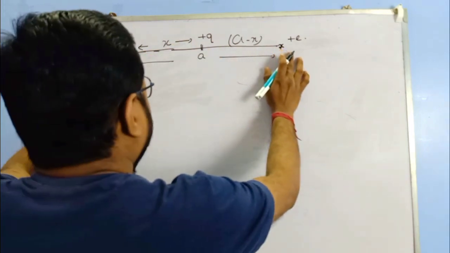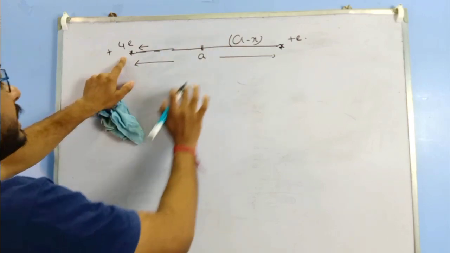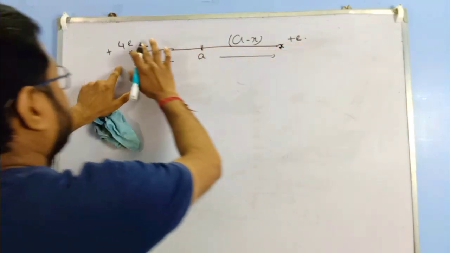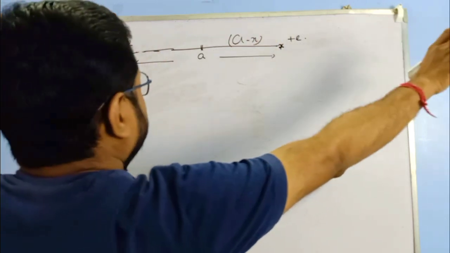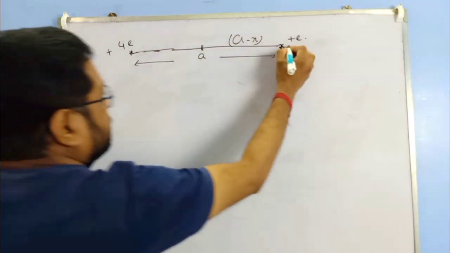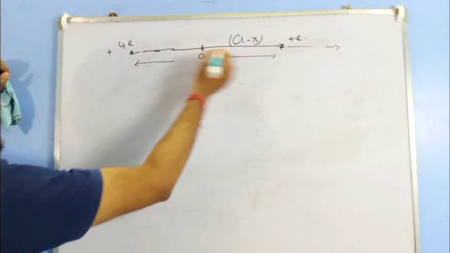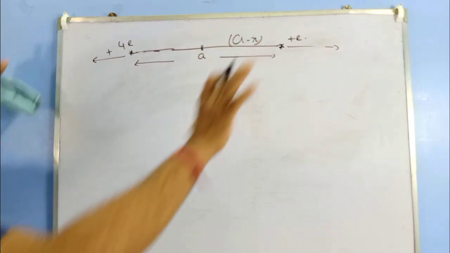These two charges are positive. So if we do not put Q, then a repulsive force will be established between them, and these two charges will separate. Plus 4e pushes a force along this direction and e pushes a force along this direction, and they will not be in equilibrium.